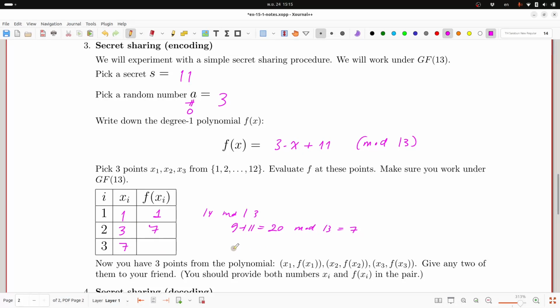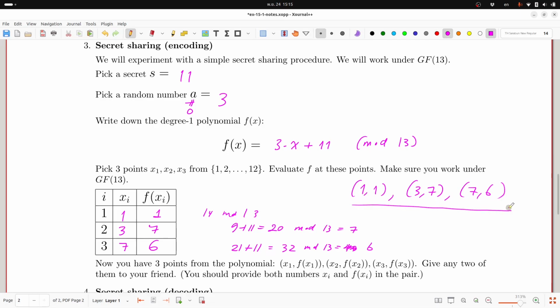And then for 7, it's going to be 21 plus 11, that's 32. Mod 13 is going to be 6. So my points are going to be (1, 1), (3, 7), and (7, 6). So these will be my 3 points on the straight line.